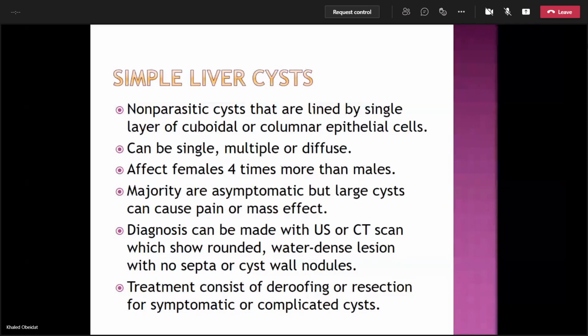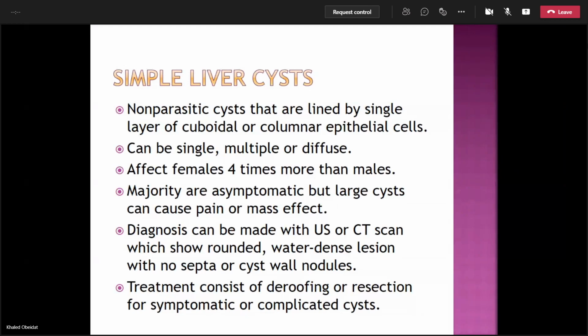They may cause pain, similar to any other lesion, by stretching the capsule, or they may cause mass effect if they are compressing the nearby structures, like the stomach, for example. They may cause early satiety, or they may compress the colon.